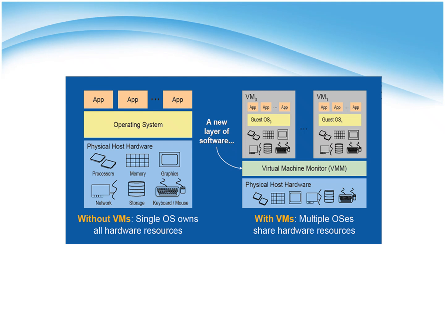Let's see: without a virtual machine, a single OS owns all the hardware resources. So there is the operating system, application, all memory, keyboard, network, storage, processor, graphics, everything belonging to that one single machine. Now with virtual machines, multiple OSs share the hardware resources. The virtual machine monitor is the layer in between, and then you have VM1 and VM2 on the same physical host hardware.